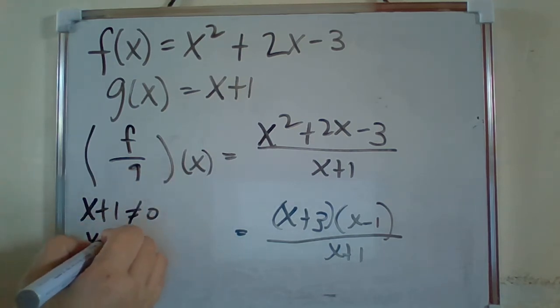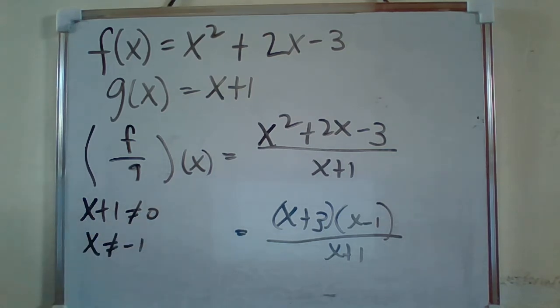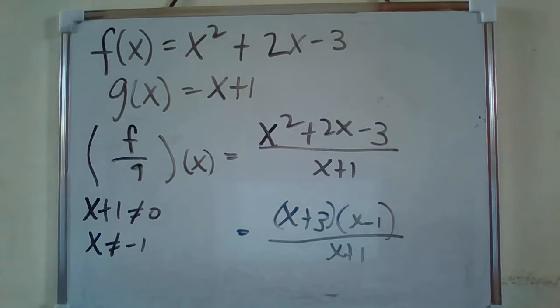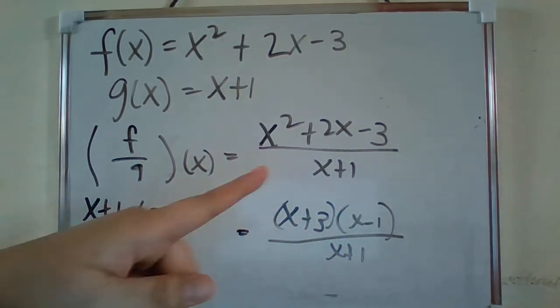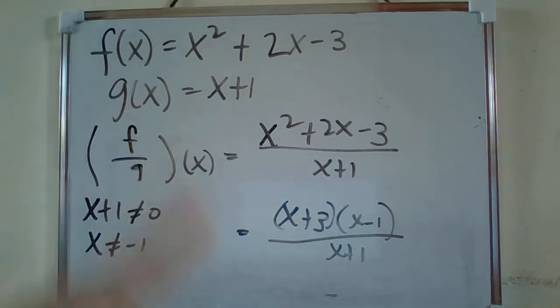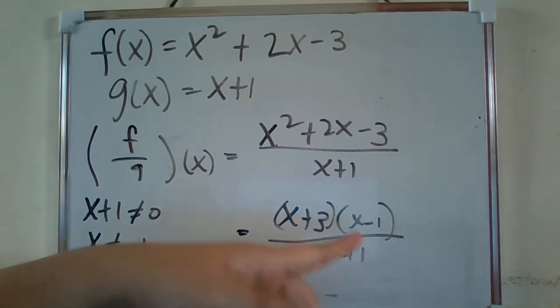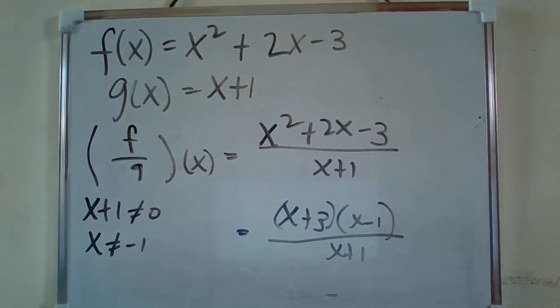So, x should not be equal to negative 1. Okay? So, yun yung tatandaan natin. Kahit anong input ilagay natin dito, pero wag nating gagamitin si negative 1. Kasi once na naglagay ka ng negative 1 dito, plus 1, 0 ang makukuha mo na denominator. So, hindi mo siya dapat gamitin as your input.